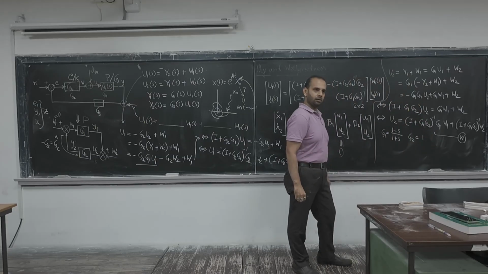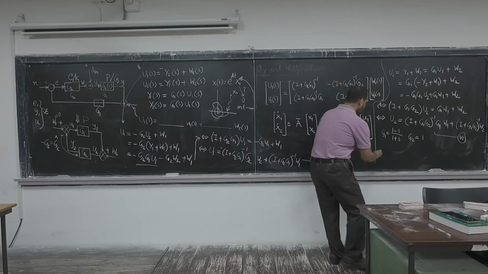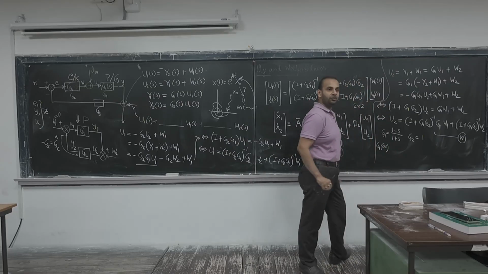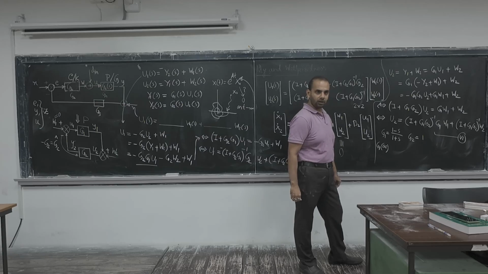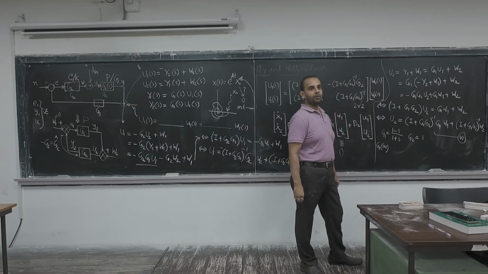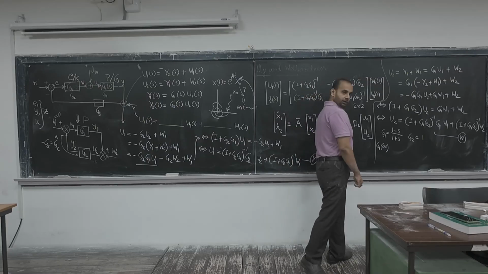Now what is G1 infinity? It will be -1, because if s goes to 0, that gives you the DC gain, but if s is infinite, it will be -1.